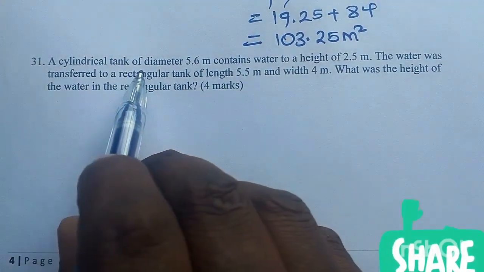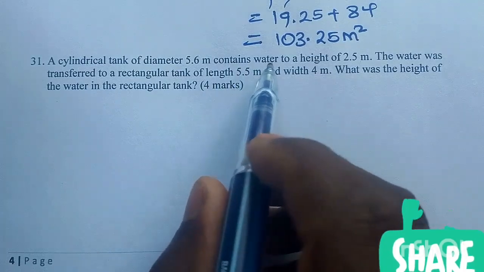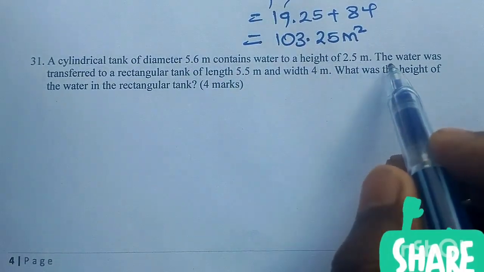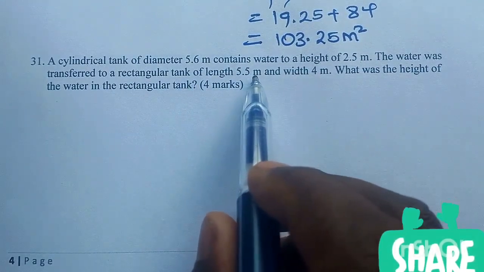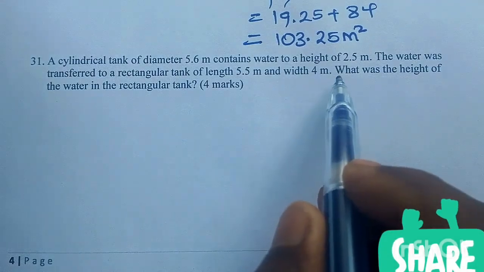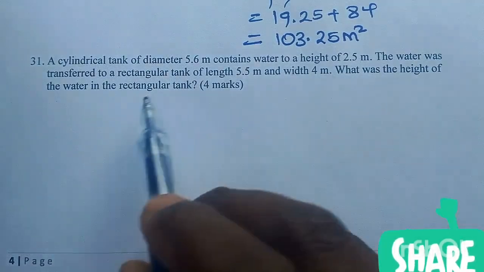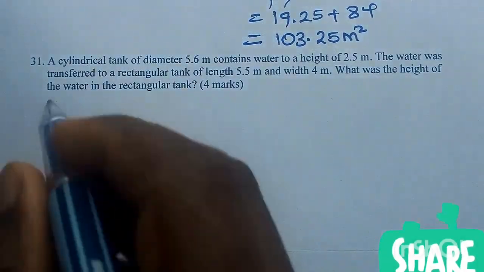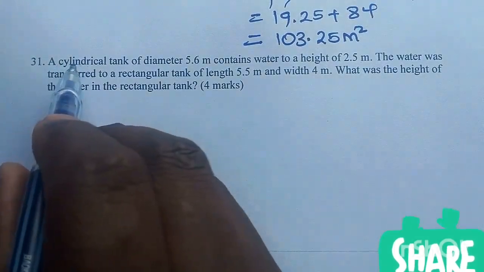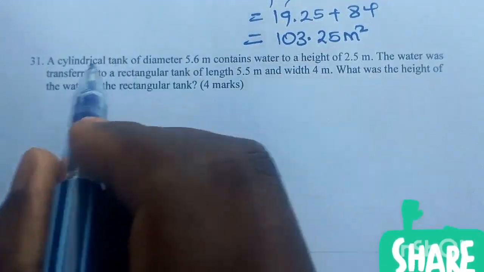A cylindrical tank of diameter this contains water to a height of this. The water was transferred to a rectangular tank of length 5.5 meters and width 4 meters. What is the height of the water in the rectangular tank? So first let us get the water in the cylindrical tank.